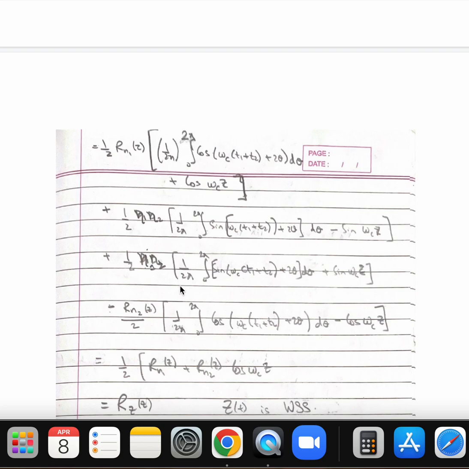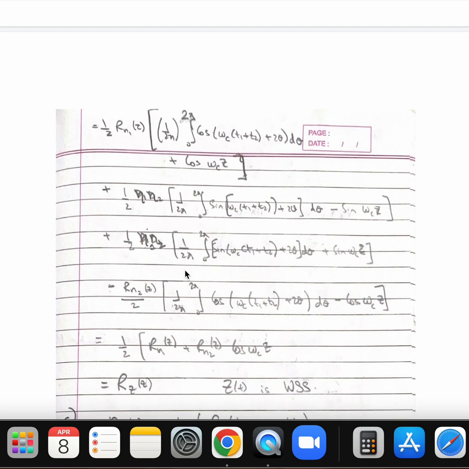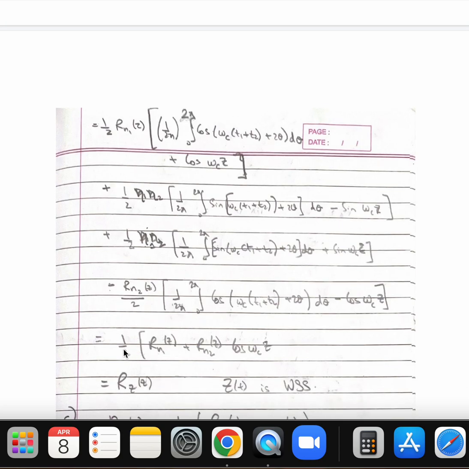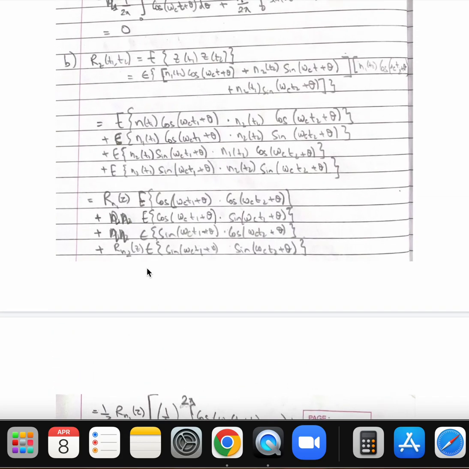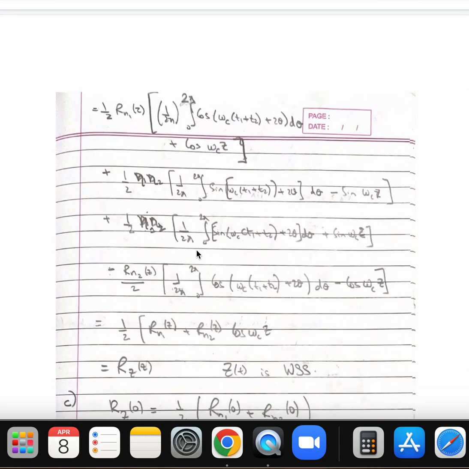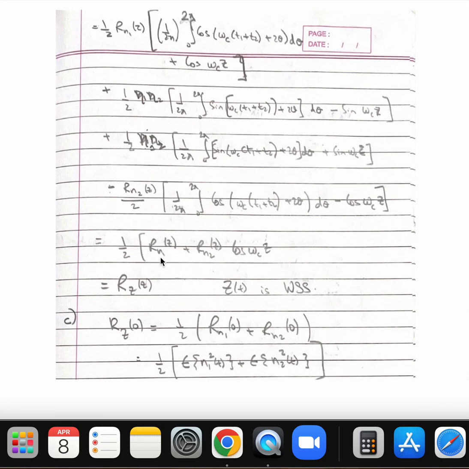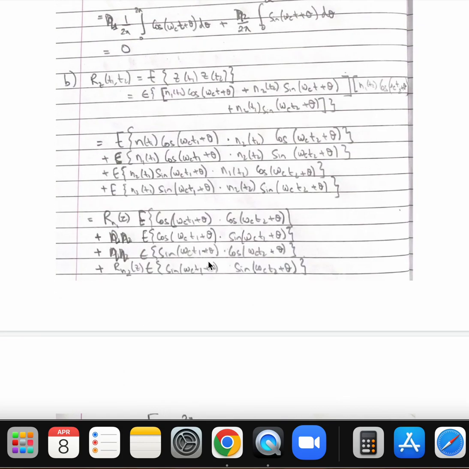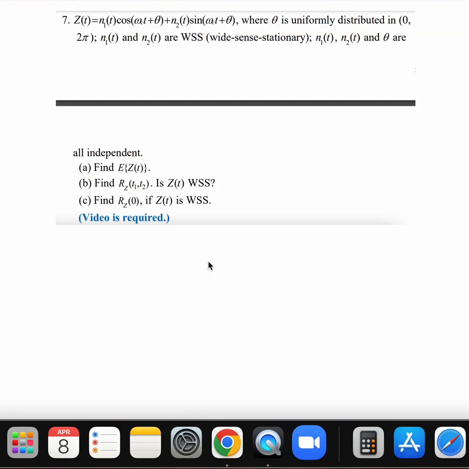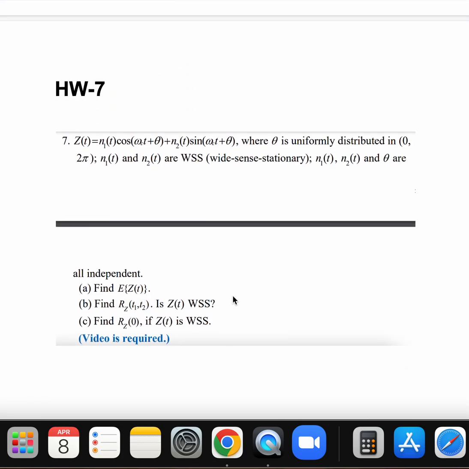Doing this for all 4 terms, in the end we get R_z(t1, t2) as half of (R_eta1(tau) + R_eta2(tau)) times cos(omega_c tau), which is basically a function of tau only, which implies that our Z(t) is WSS, that is, wide sense stationary.